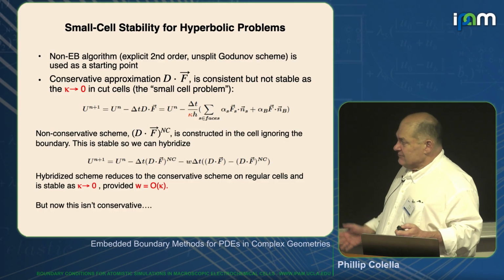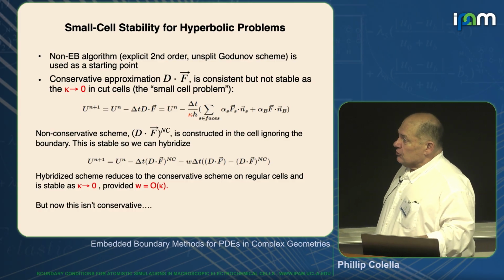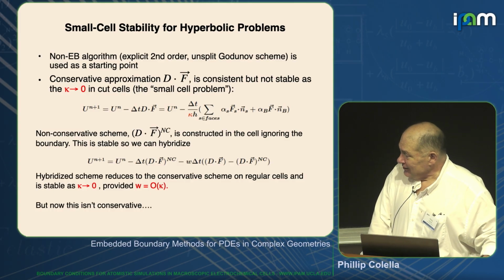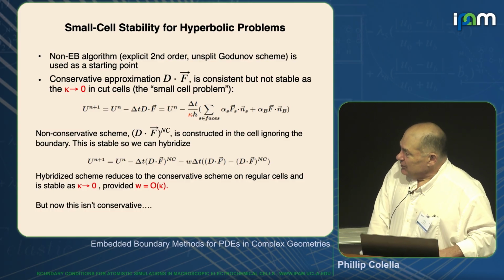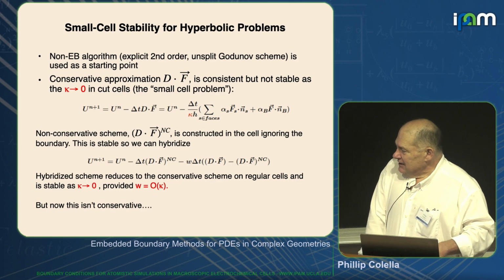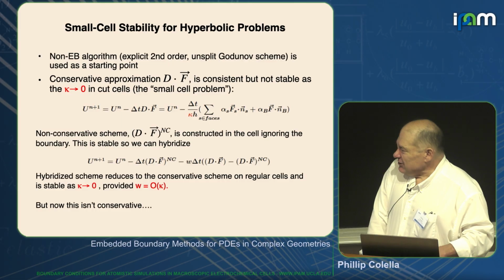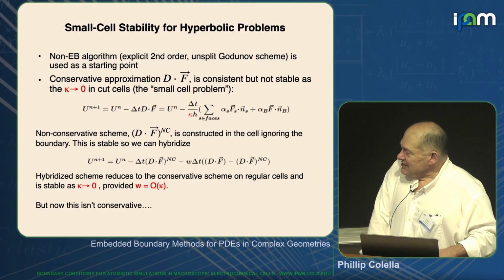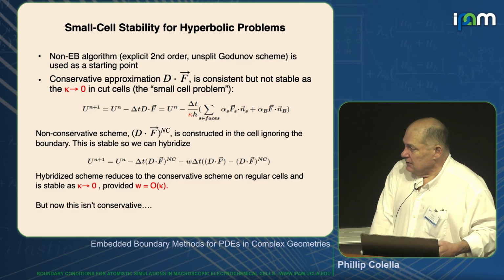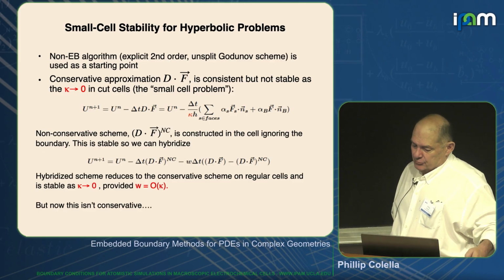It's the volume fraction. We have no control over this. Kappa can go to 0. So we've got to learn to live with that. So how do we live with that? Well, first of all, we say, if you have a small cell, don't do that. Do something else. So we construct a non-conservative scheme that is stable, and that's pretty easy to do.